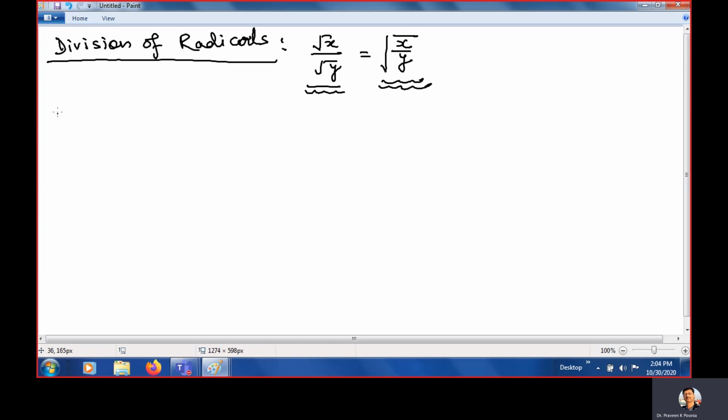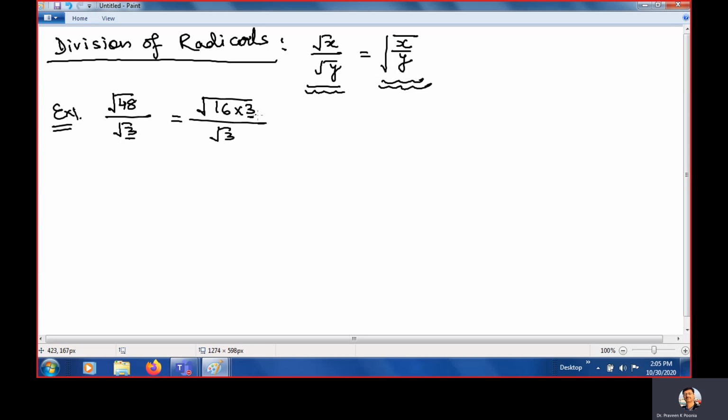Clear? Like for like, I want to write one example. It is square root 48 upon square root 3. Answer. So you need to break this 48. This type of question we ask in exams. 16 times 3 upon square root 3. Because we need to search for a number 3.